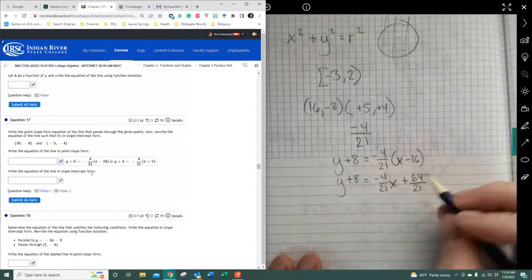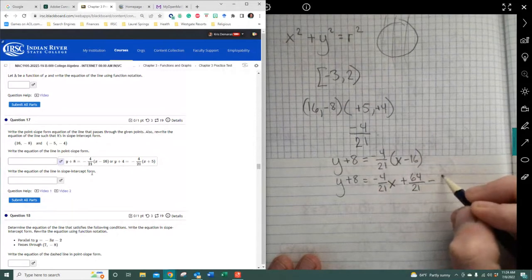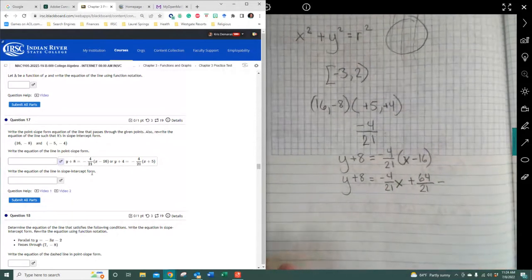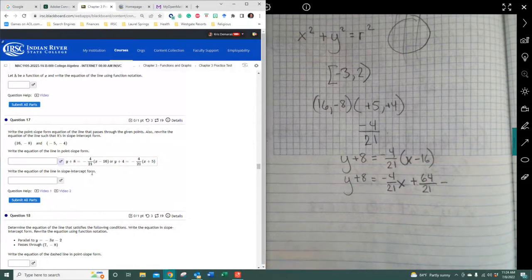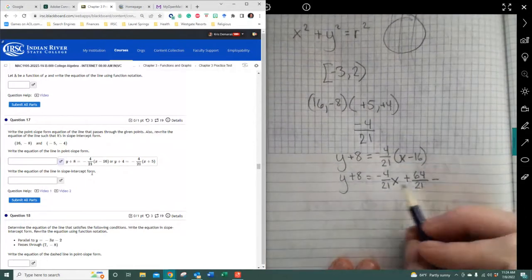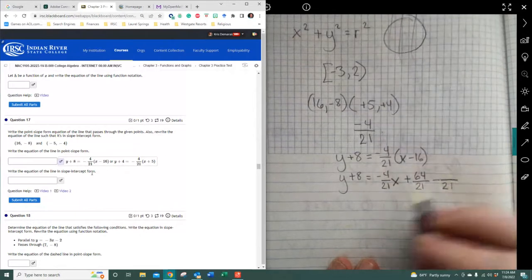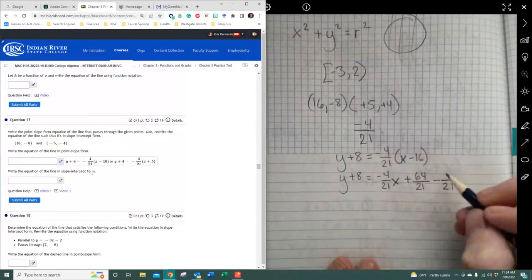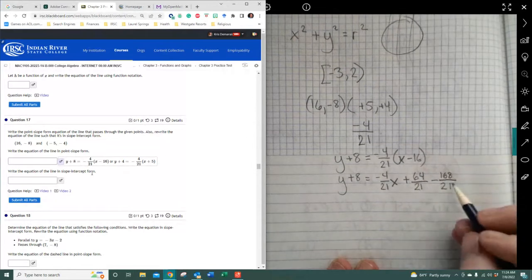Now we're going to go ahead and add 8, or excuse me, subtract 8 from both sides. So subtracting 8 from both sides, we need to have 21 as the denominator. And if we take 21 and times it against 8, we're going to get 168.